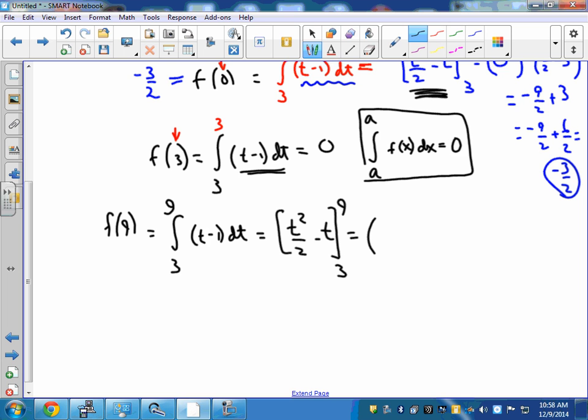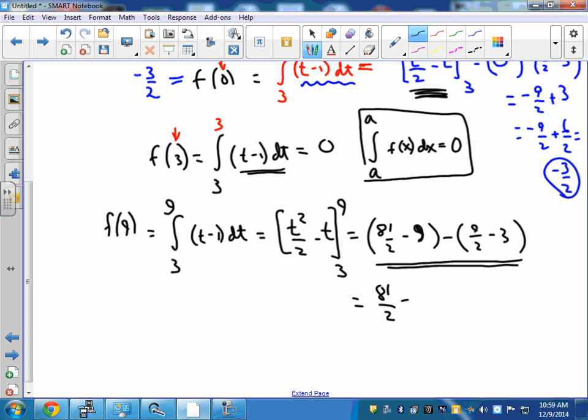So parentheses minus parentheses, put the 9 in, we get 81 halves minus 9. Put the 3 in, we get 9/2 minus 3. If this were a free response question in May, you could leave it here. You don't have to do any simplifications, but this is an easy enough problem to deal with.